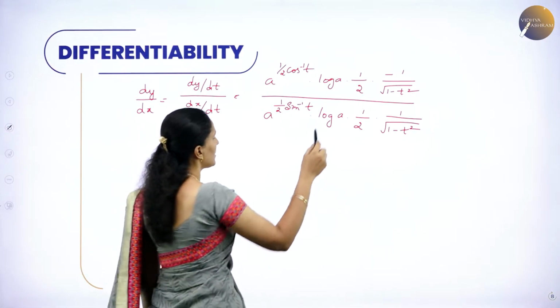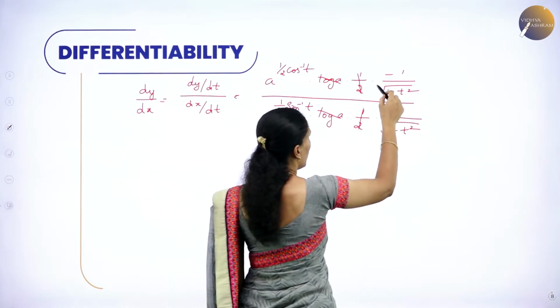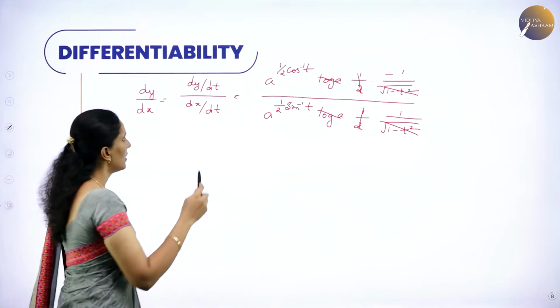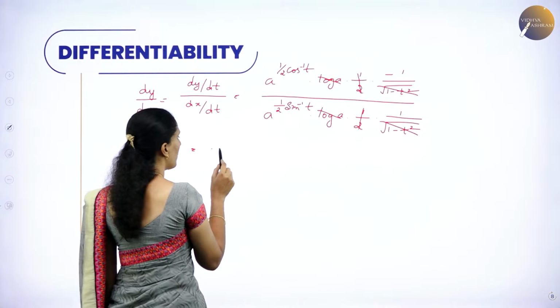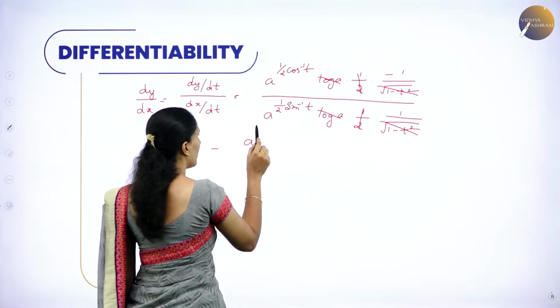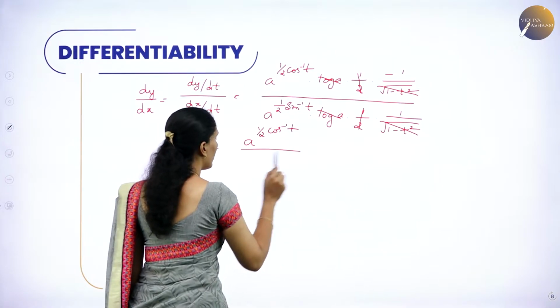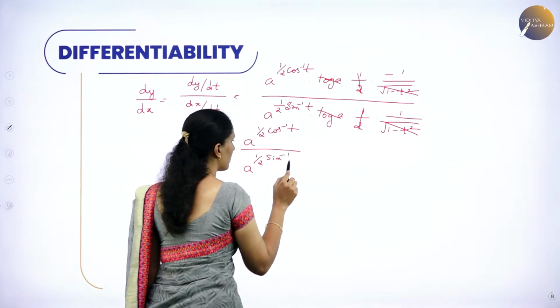So clearly you can see log a, 1/2, 1/2, root of 1 minus t square, root of 1 minus t square get cancelled. So I am left with a negative sign in the numerator. So minus a^(1/2 cos inverse t) divided by a^(1/2 sin inverse t).